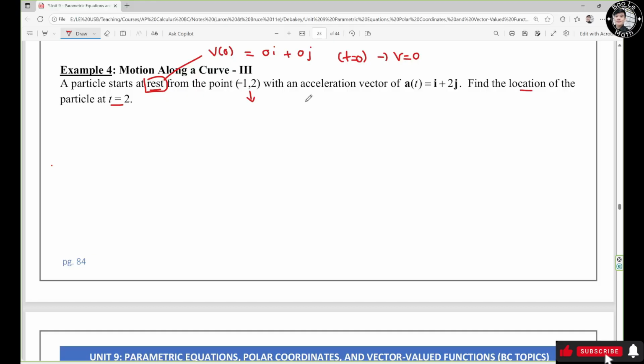Alright, so given the position function, the first derivative of this one is actually the velocity function. The first derivative of the velocity function is going to be the acceleration. Now, given the acceleration function, you need to go backwards. So you need to take the anti-derivative of this guy right here to get the velocity function. The velocity function is the anti-derivative of the acceleration.